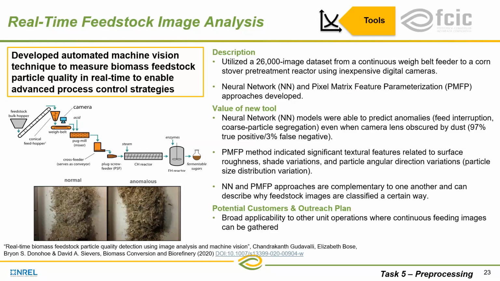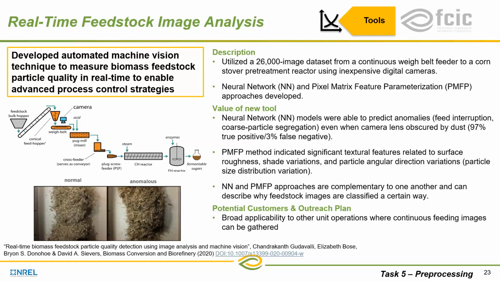So when a motor that's moving the belt or moving the plug screw feeder or moving the biomass through the reactors has an increase in torque, it means the biomass is harder to process. And using some pretty interesting neural network tools, they built a classification tool to be able to classify the biomass images as normal or likely to cause problems.